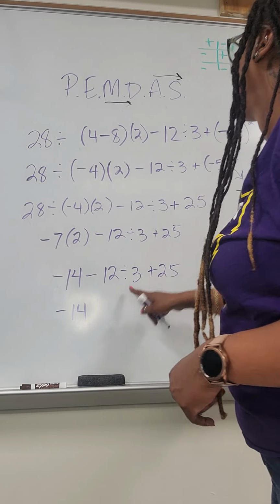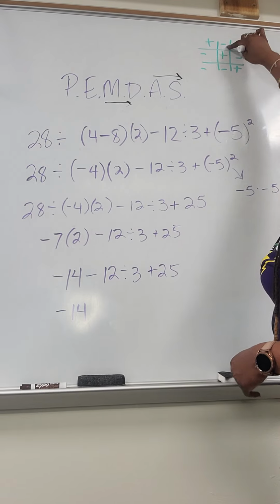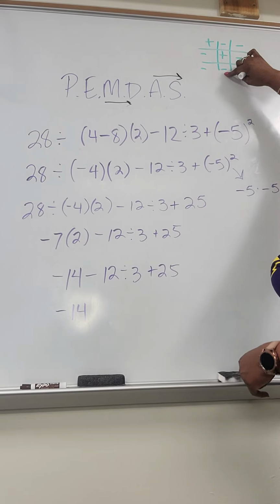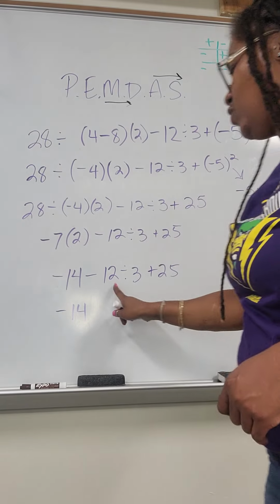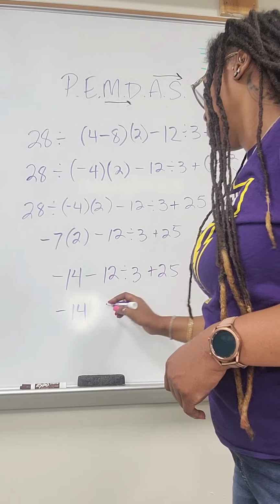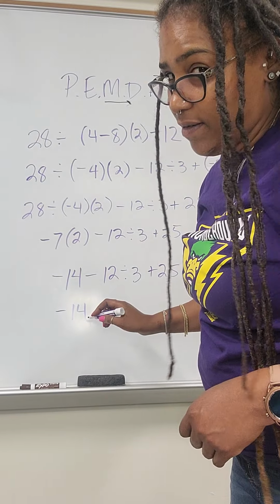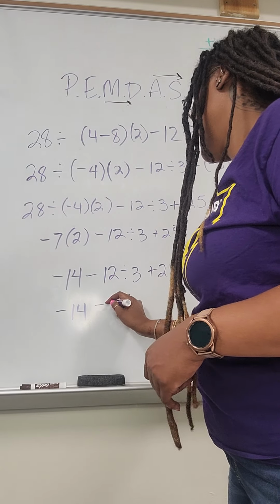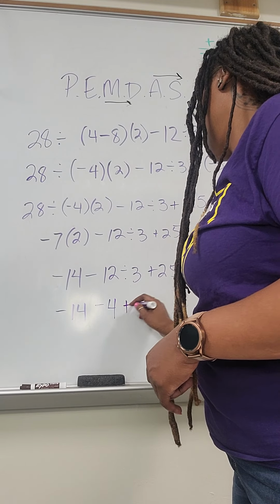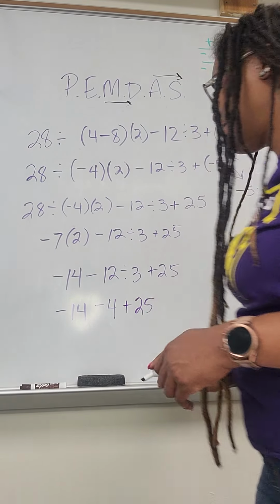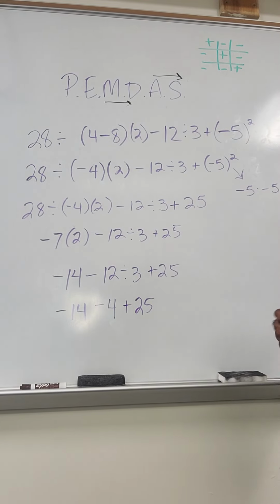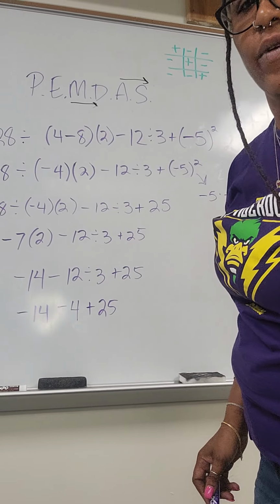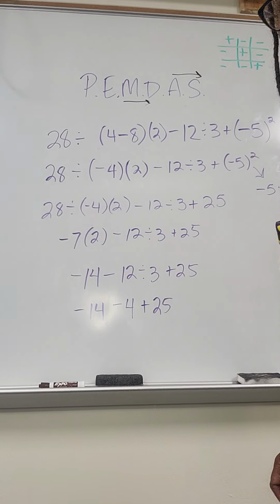So negative divided by a positive, it's a negative answer. 12 divided by 3 is -4 plus 25. And now this part, again, we are just coming to adding and subtracting.